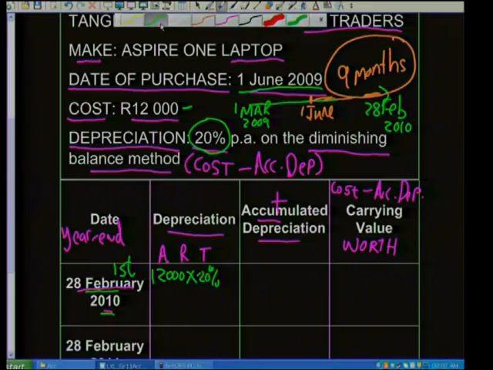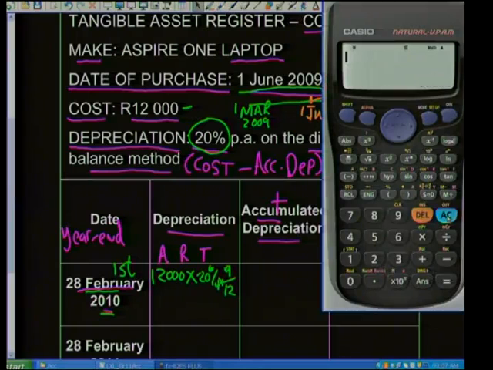So let's go to our calculations. Times 9 over 12. Okay, right, let's get the calculator out so we can calculate the depreciation for the first financial year. So we're taking our amount, which is 12,000, times the rate, which is 20%, and then times the number of months.